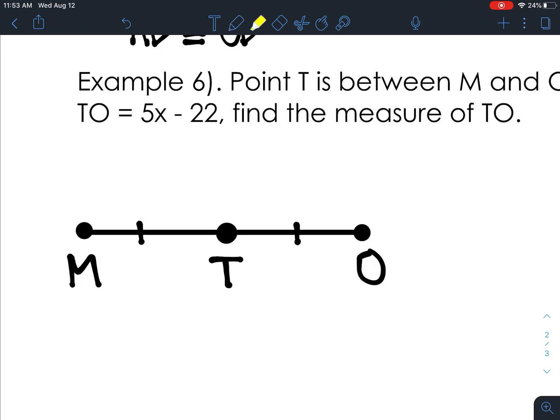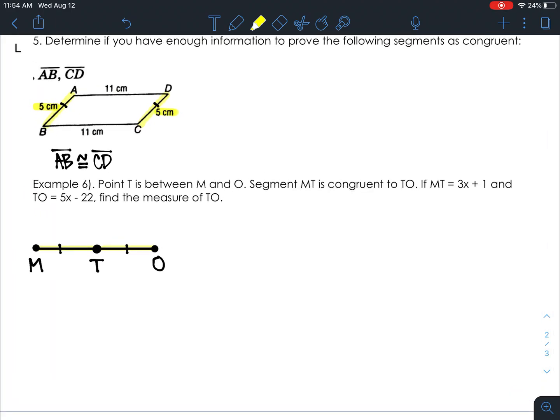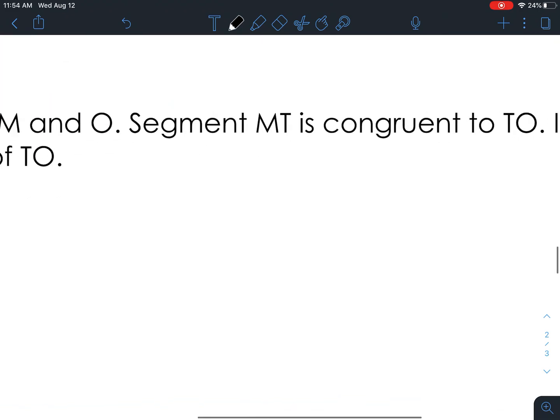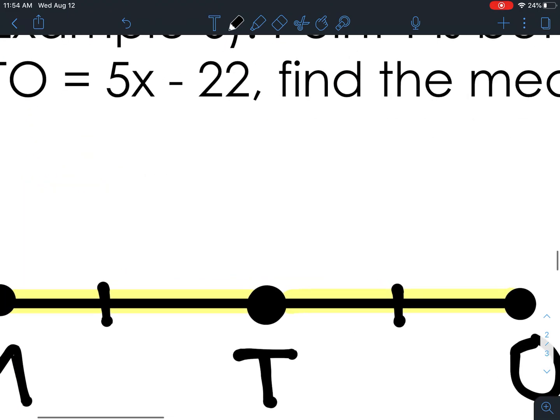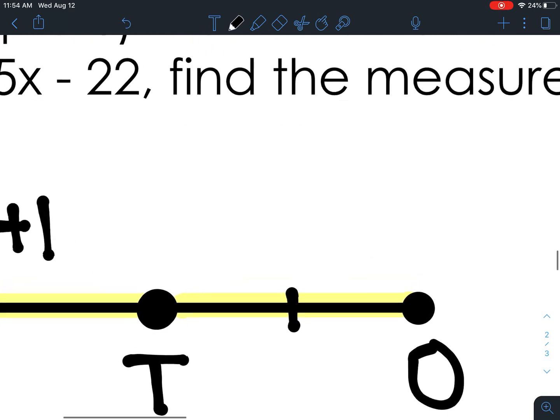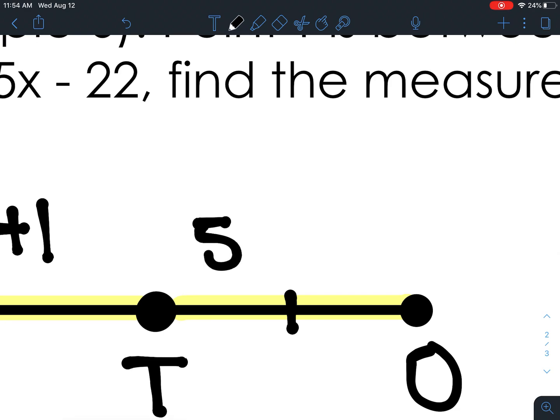So notice what I just marked there. Segment MT is congruent to segment TO, which means that they have the same length. Now, MT has an expression of 3x plus 1, so I'm going to mark that on my picture. And TO has a length of 5x minus 22.